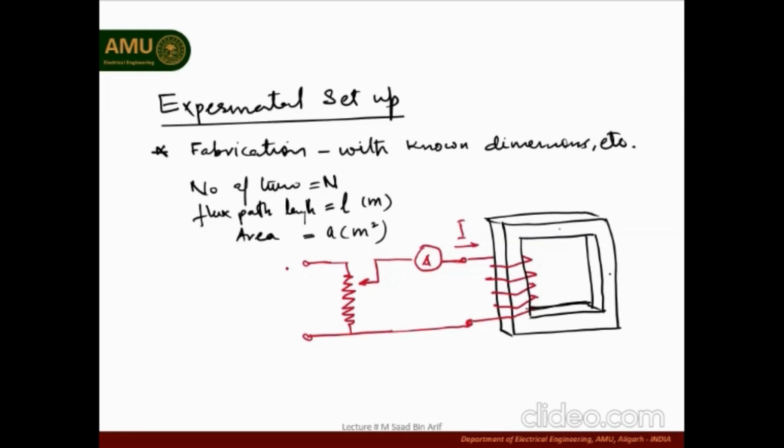To give different values of current, we will vary the constant DC supply by using a variable resistance. This resistance will vary like this, here and here. Here we have ammeter, from which we can measure current. Now we want to measure flux, so we will use flux meter over here.